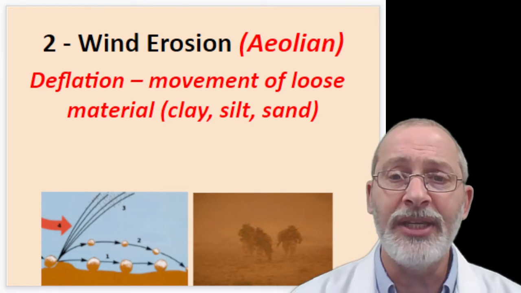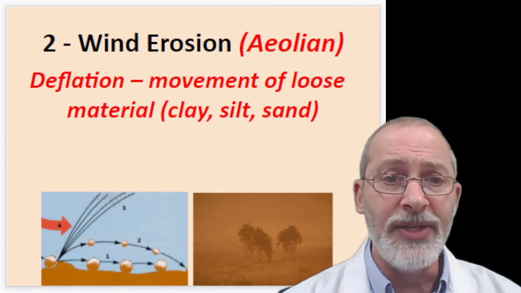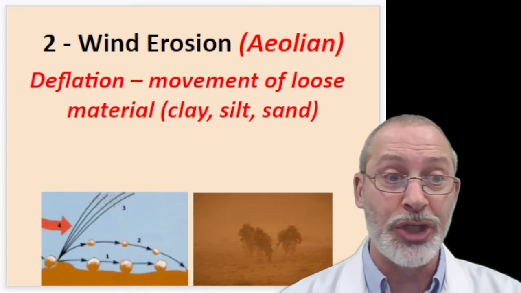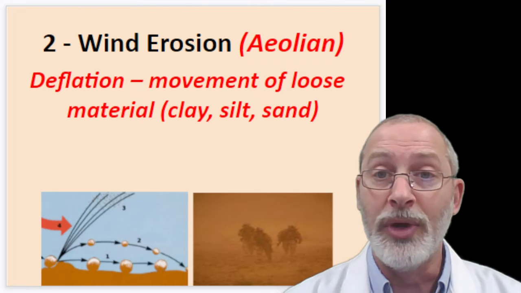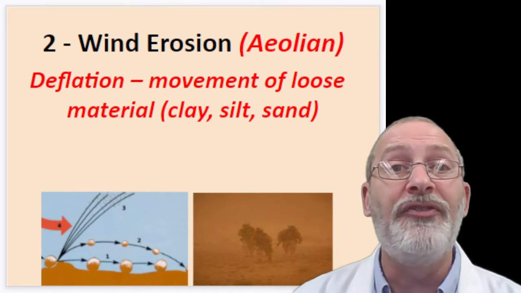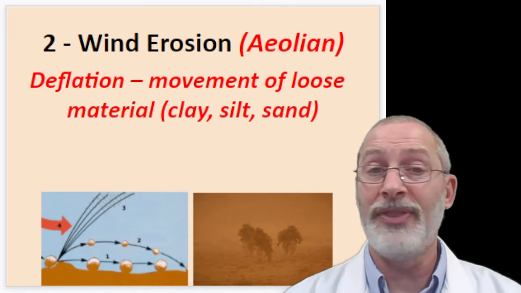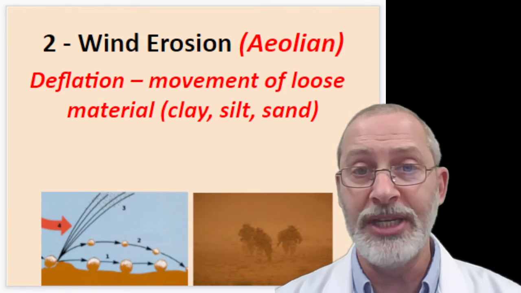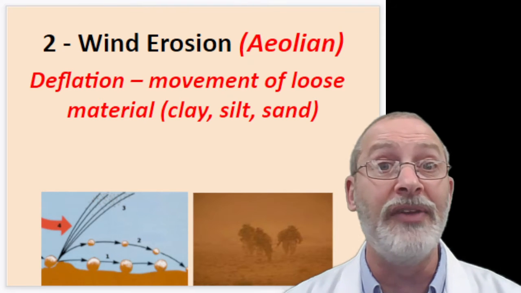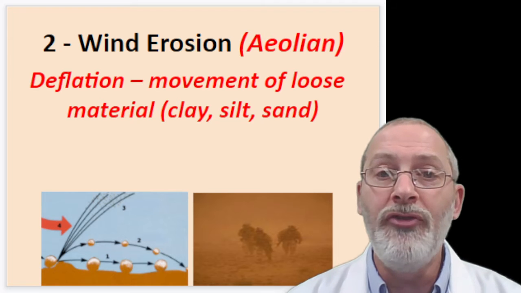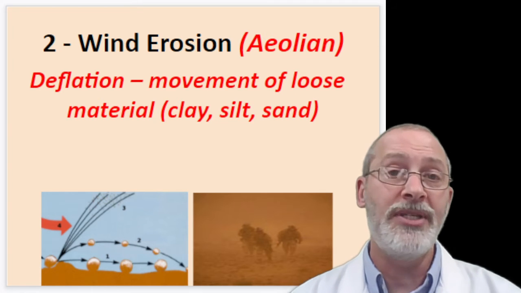The first thing to keep in mind is this connection between erosion and deposition. We're going to see that here with wind erosion. There's a word called deflation. It has nothing to do with the economy and inflation and deflation, but in the context of erosion, deflation is the movement of loose material.